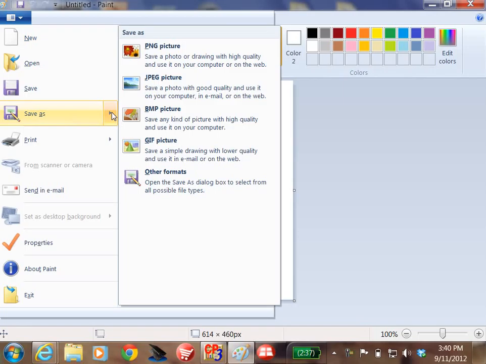Actually, there are really many, many ways of storing pictures on a computer. What's the most popular way? JPEG. This one here. JPEG is the most usual and popular way of storing pictures.